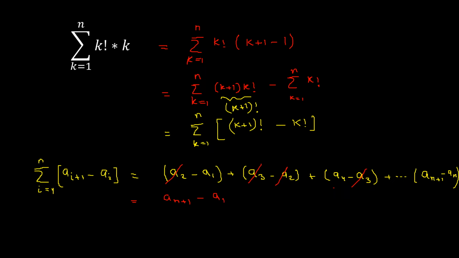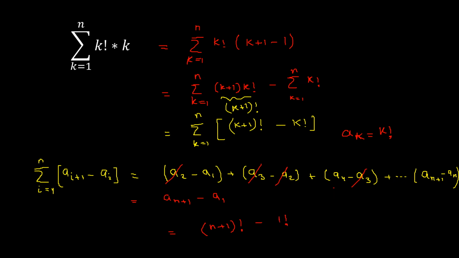So by using this concept, we can see that this is a telescoping series. Here a(k) is k factorial, so we have to plug n plus 1 in it, and we get n plus 1 factorial, minus what we get by plugging in 1, which is 1 factorial.